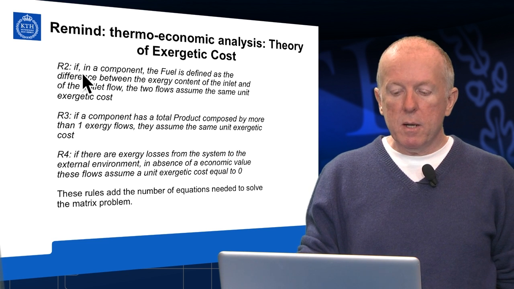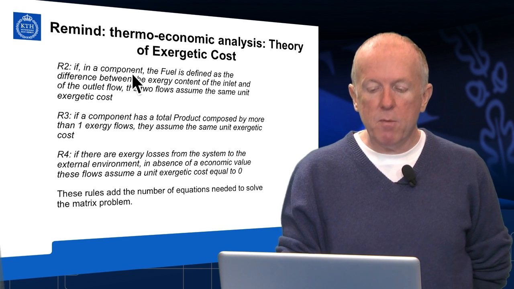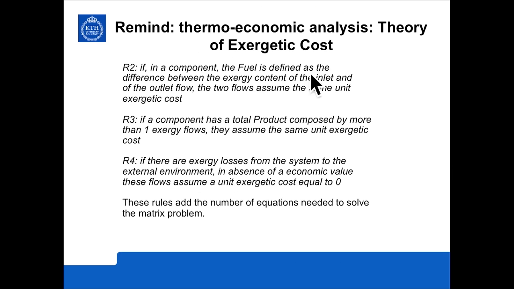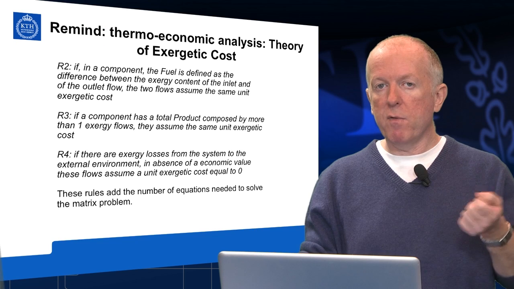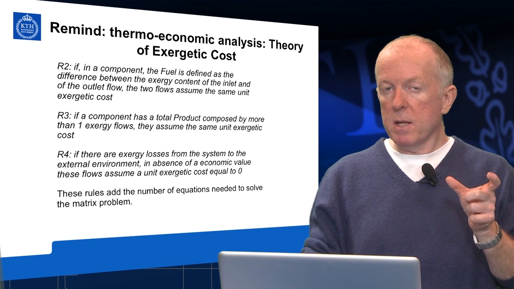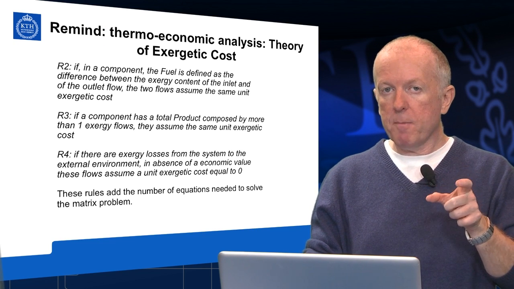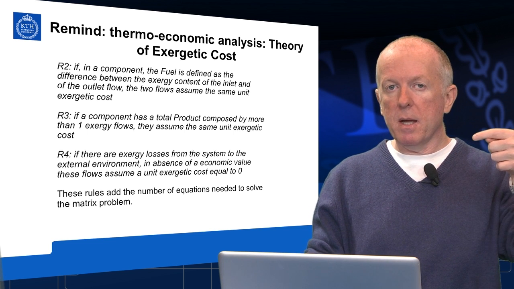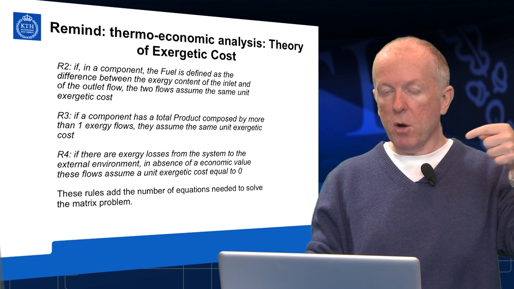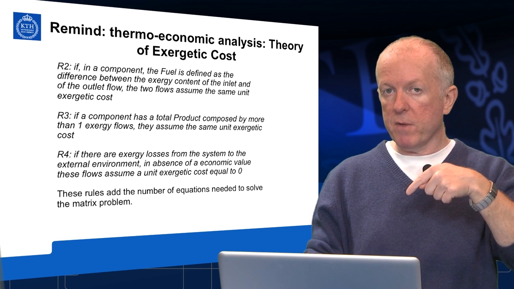The second rule: if in a component the fuel is defined as the difference between the exergy content of the inlet and of the outlet flow, imagine a heat exchanger with a hot fluid, in which the fuel of this heat exchanger is the difference between the inlet exergy of the hot fluid minus the outlet exergy of the hot fluid.